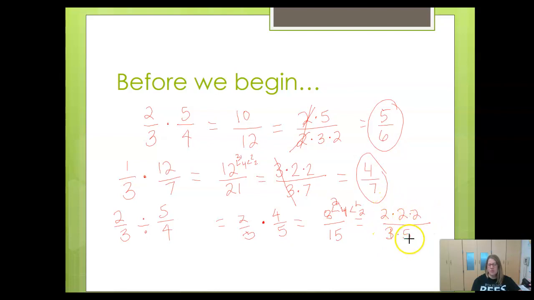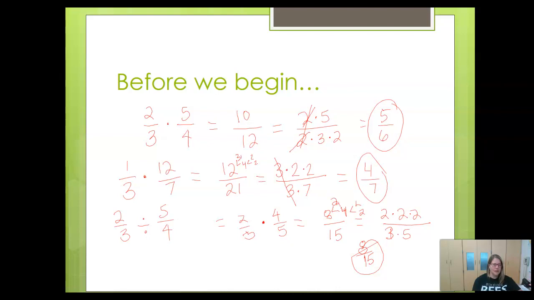So I see there's no common factors here, and so 8 over 15 can't be reduced anymore. Okay, so we're going to use some of that as we go forward. So have that in the back of your mind.